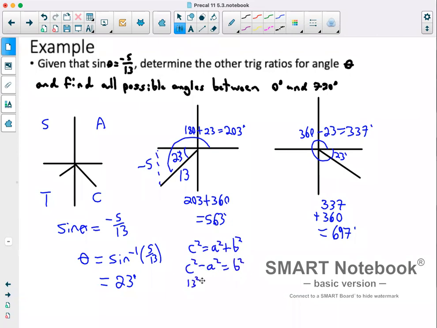So 13 squared minus -5 squared is equal to b squared. That gives us 144 is equal to b squared. Take the square root of both sides and we get 12 is equal to b. So this would be a -12, and this would be a +12.